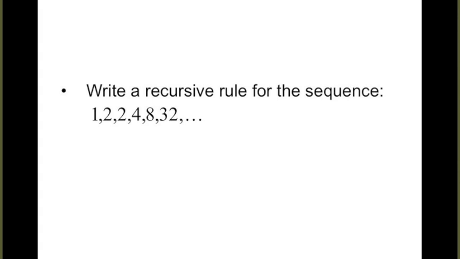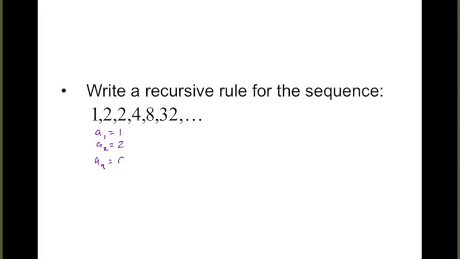All right? So to write out a rule for this one, what we're going to need is actually 3 pieces of information. We have to give 2 starting terms since it's based on 2 terms. Since we're saying 2 ago and 1 ago, we have to give 2 starting terms. Otherwise, we wouldn't have enough information to begin the sequence. Then we have to give, what do we do after those first 2 numbers?